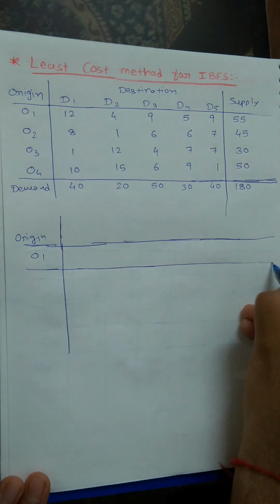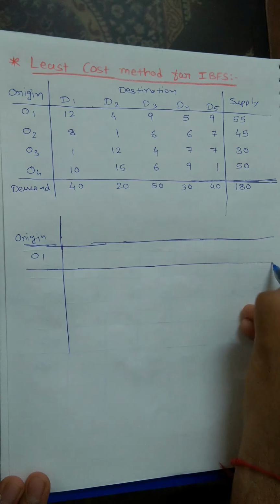You can see the respective supplies and demands for origins as well as for the destinations. Rewrite the cost elements. I have presented these cost elements in a different color, that is green.